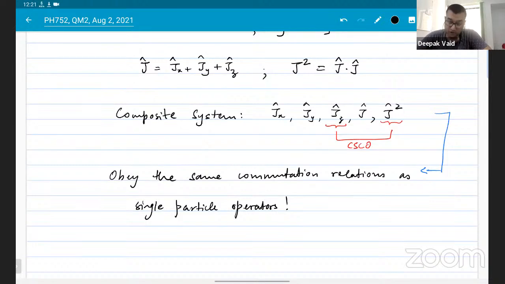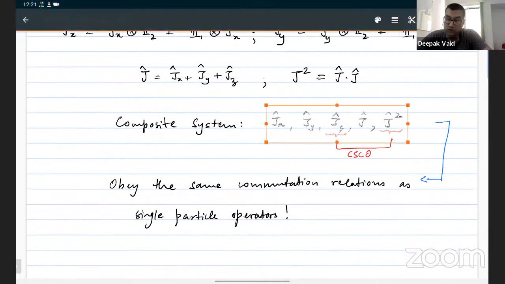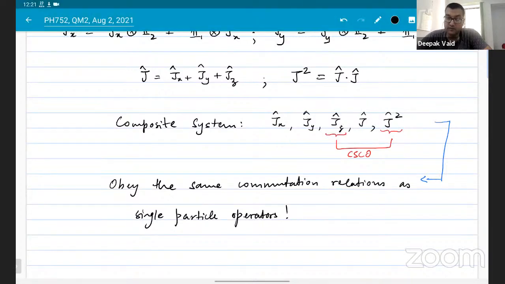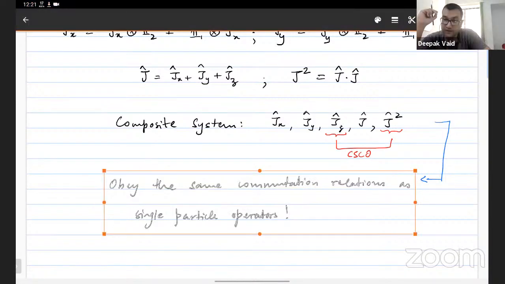I'm calling these the angular momentum operators for the composite system, but these operators will have the interpretation of angular momentum only if they obey the same commutation relation as the individual angular momentum operators.